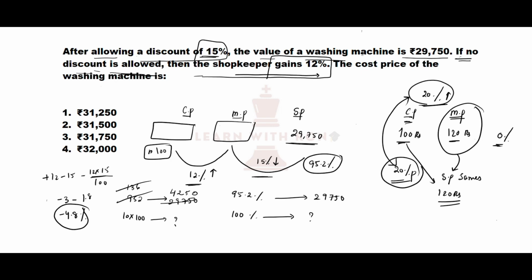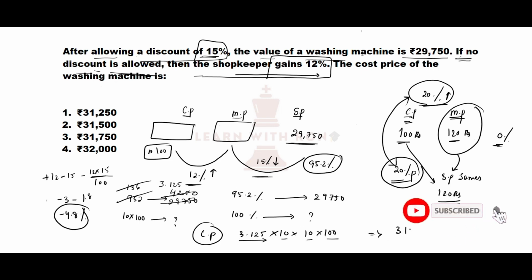If you cancel 136 with 425, it exactly cancels, giving 3.125. So our answer for the cost price here is 3.125 multiplied by 10 and then 100, which is four zeros. Three zeros gives 3125 and one more 0. So the cost price here is 31250, which is option number 1 here.